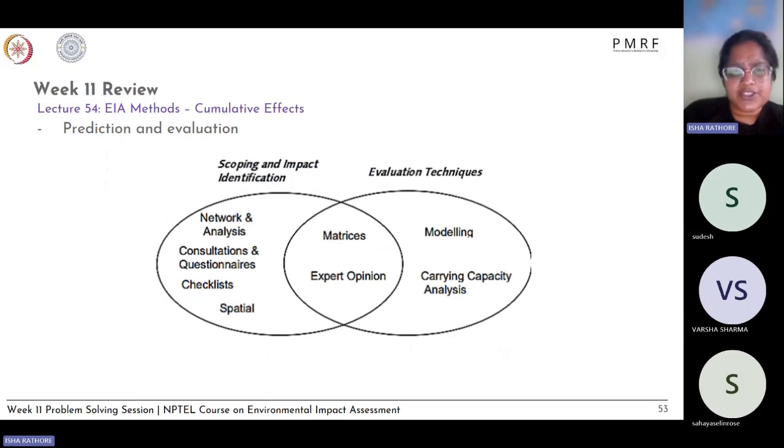So for doing the prediction and evaluation, you have different techniques. Again, this has been discussed. Different impact identification techniques can be used, like checklists and consultation questionnaires, network analysis, spatial analysis, matrices, expert opinion, modeling, and other things. These have again been discussed.